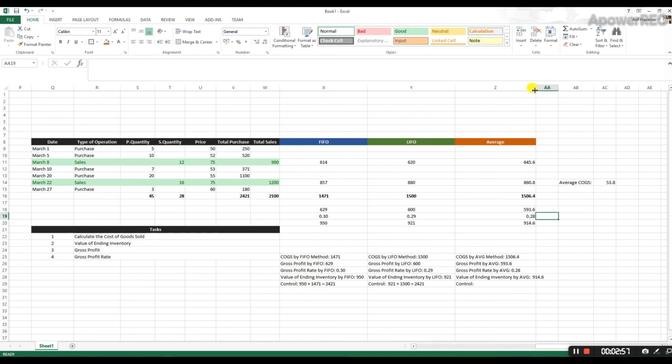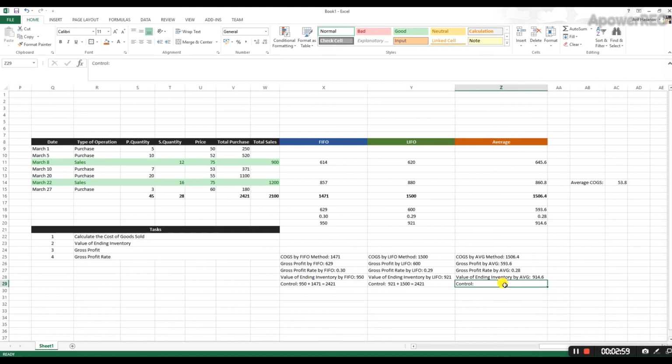And the control: as always, we take the ending inventory plus the cost of goods sold. This number is equal to the purchase amount, so it means it is correct. Control: 914.6 plus 1,506.4 is equal to our answer.